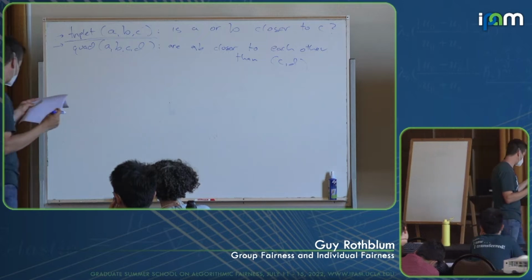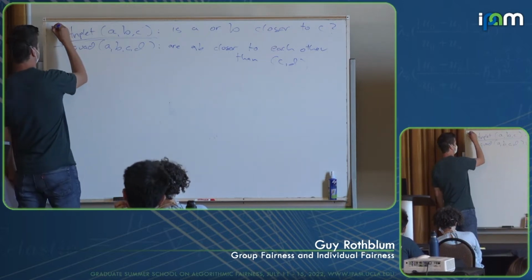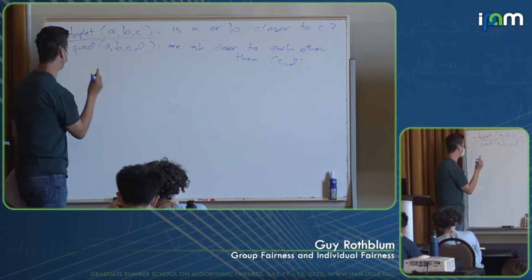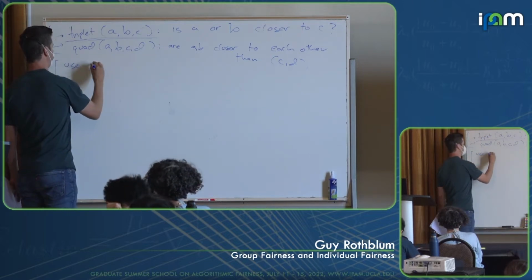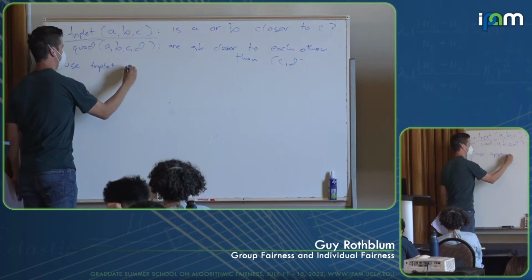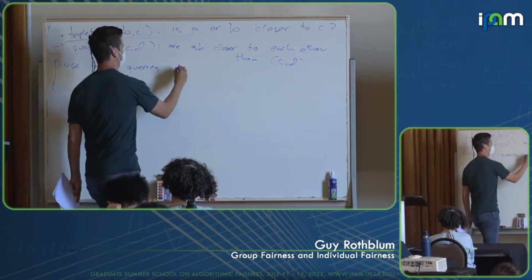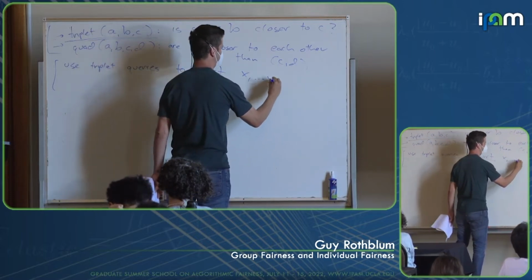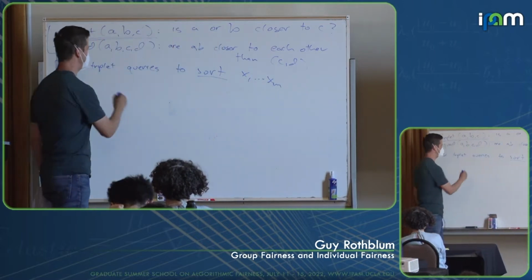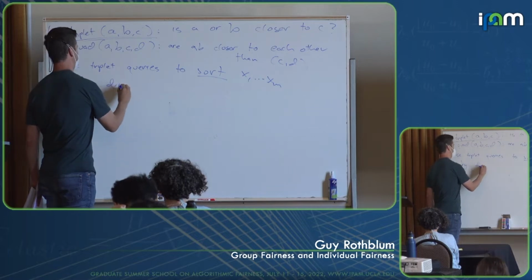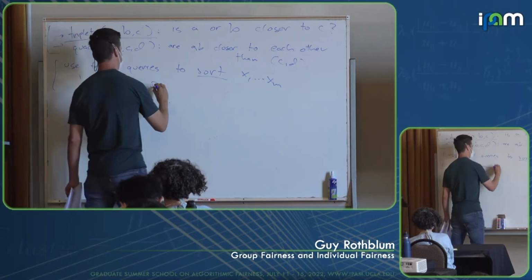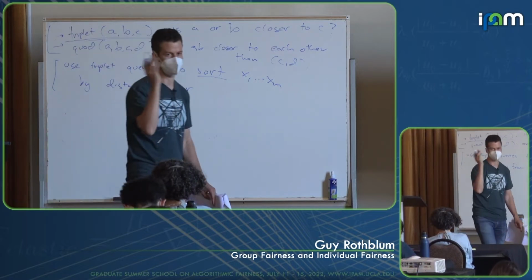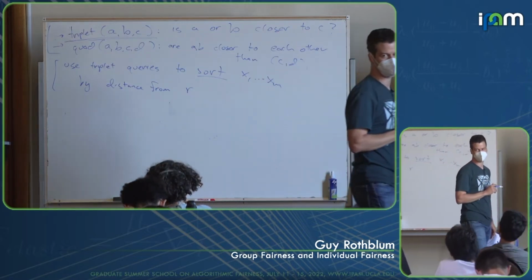Right, this is one idea. The second important idea is to use these triplet queries to sort all the people in our training set, x1 to xm, by distance from R, a reference point. As Cynthia said, R is just some lucky victim, some individual that we pick.